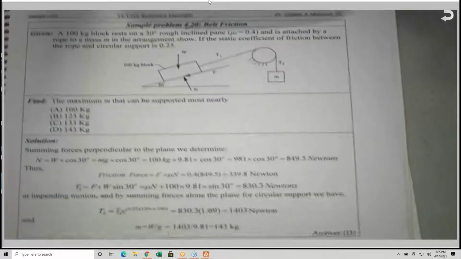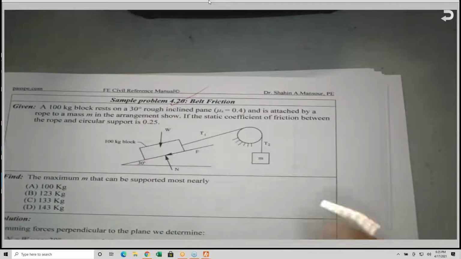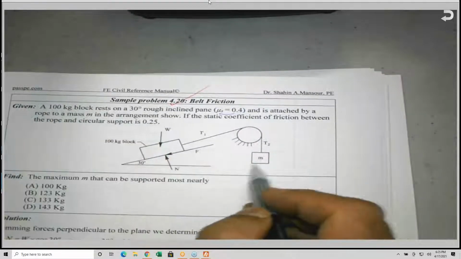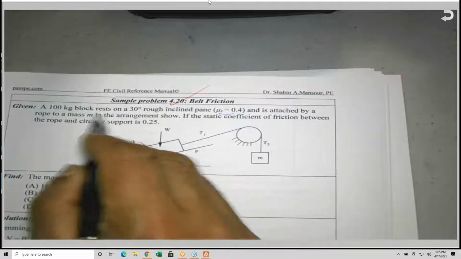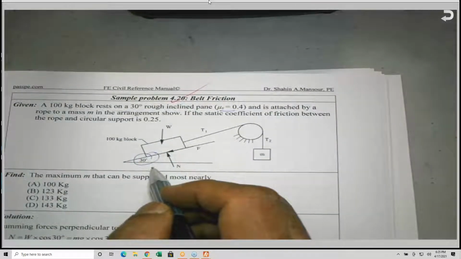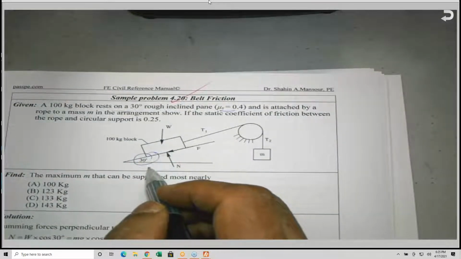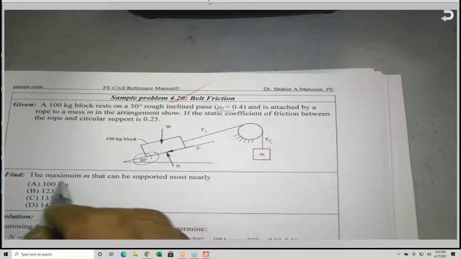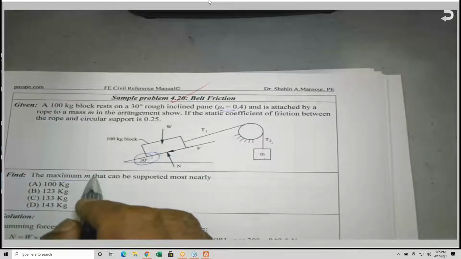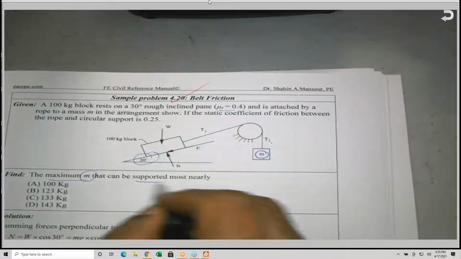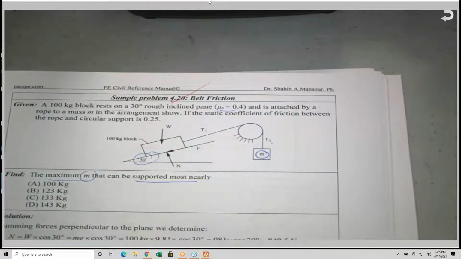I have a very interesting problem here. Mu sub s is given, the block is 100 kilograms, and the slope of this plane is 30 degrees. There is a mass M here, and there is a tension. The question is: what is the maximum M that can be supported by this system?